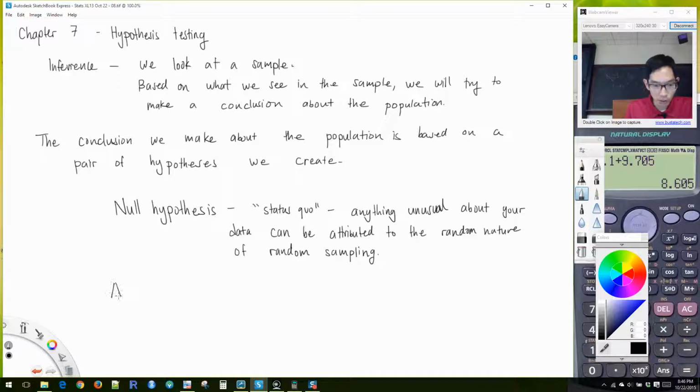The alternative hypothesis is just the opposite. If we observe something strange in our data, it's because there is something wrong about the null hypothesis.